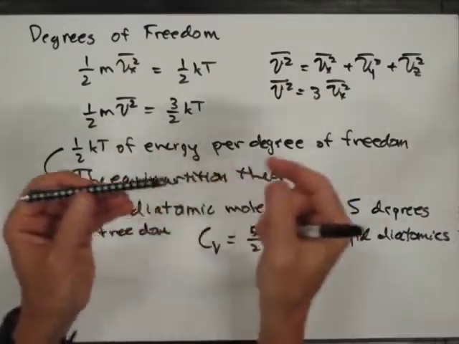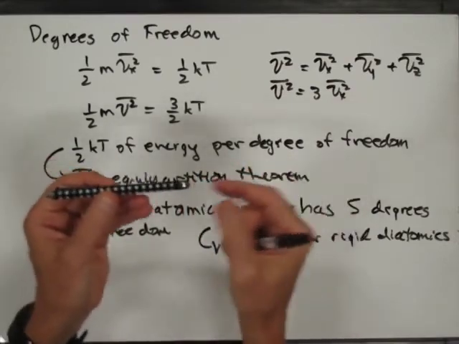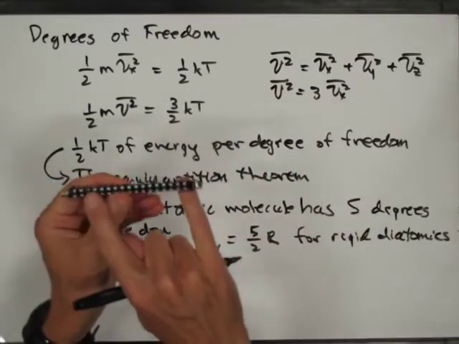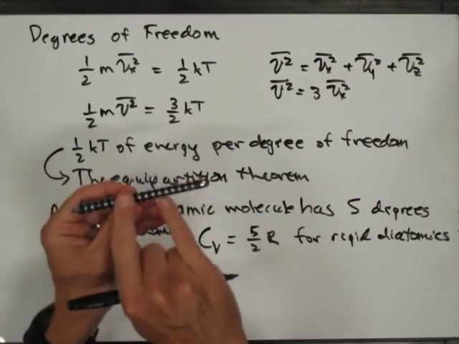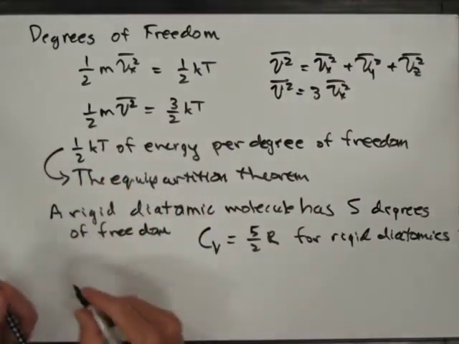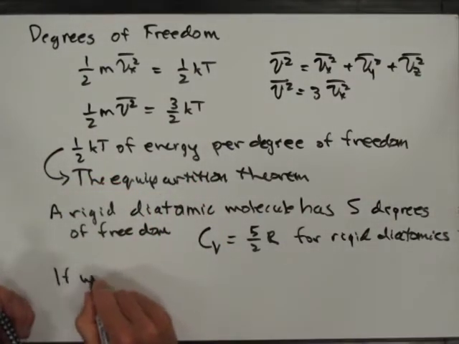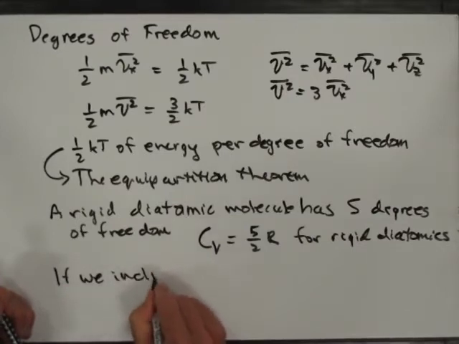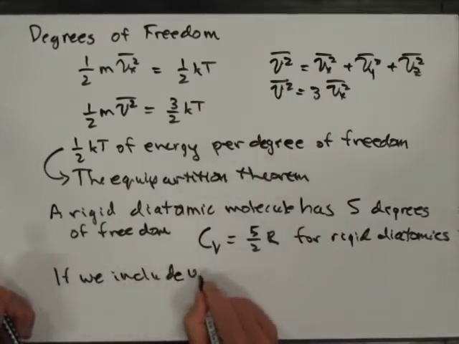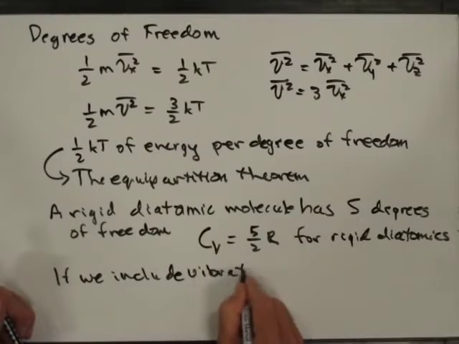There's one for the kinetic energy of the molecules as they're vibrating back and forth, but there's also a potential energy that occurs because it acts like a spring between them. And so if we include vibration, CV is equal to 7 halves R.